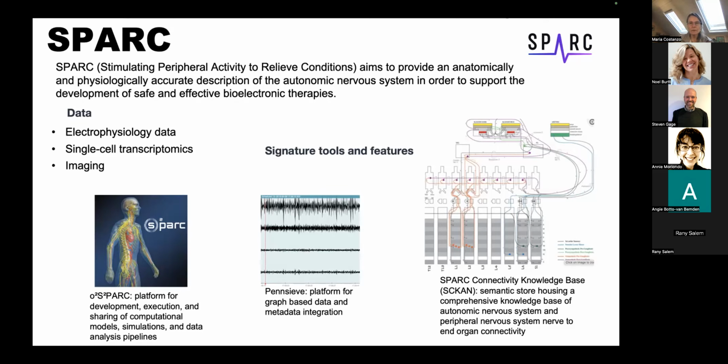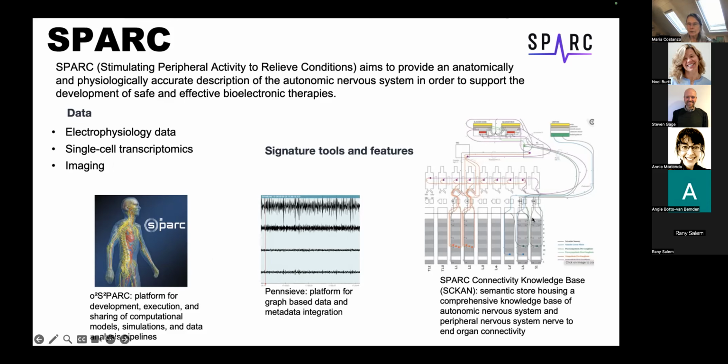So this resource is aimed at making an atlas of the nervous system. And so they have electrophysiology data, single cell transcriptomics and imaging. And they have some platforms where you can look at computational models and simulations, or integrate graph-based data.